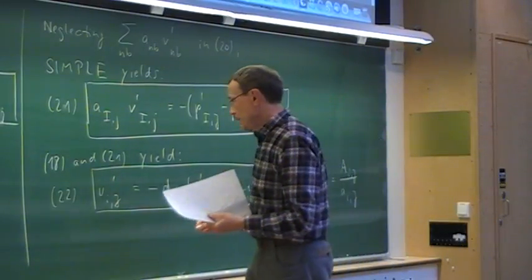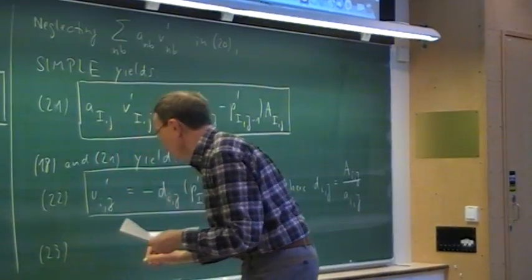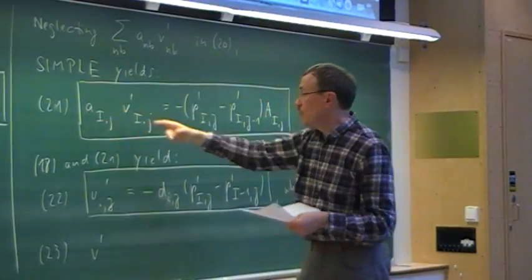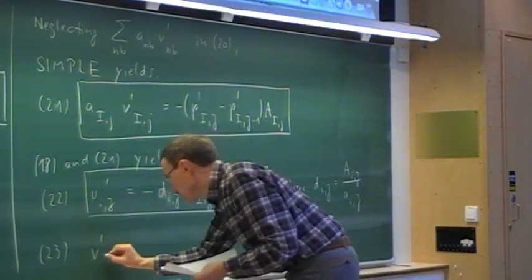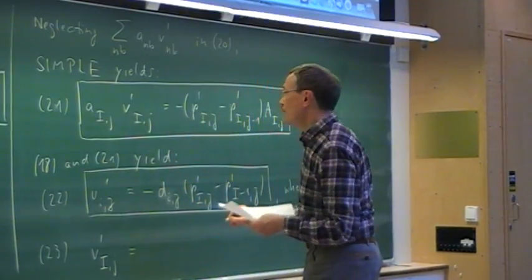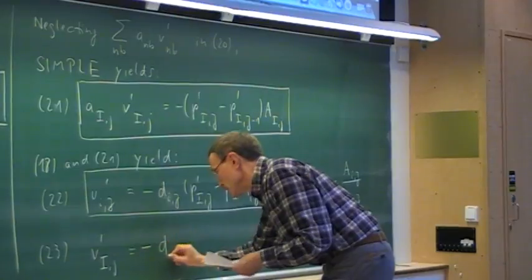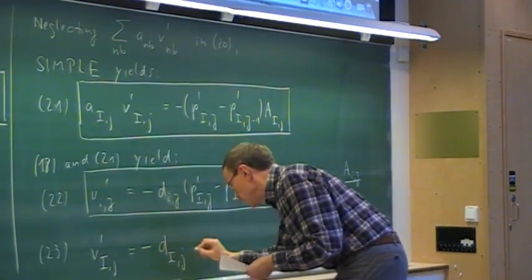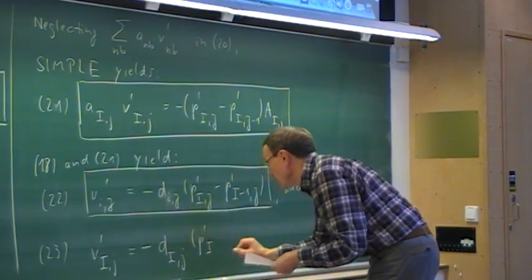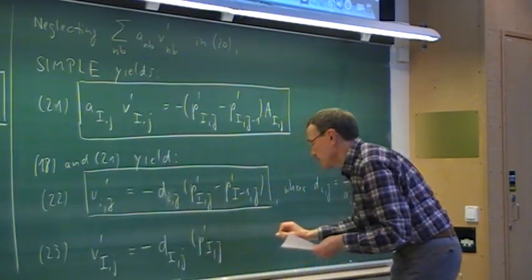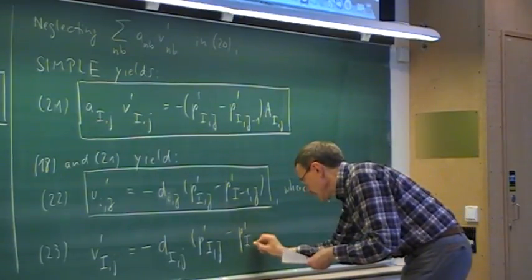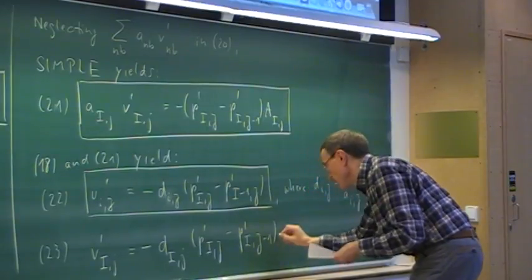And the corresponding equation for V prime is then here, we divide by the A I J, and get V I J prime is equal to minus D I J times the difference of pressure correction in the y direction, that is P prime I J minus P prime I J minus 1.